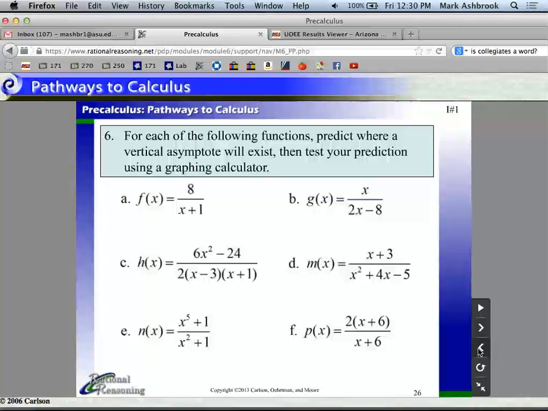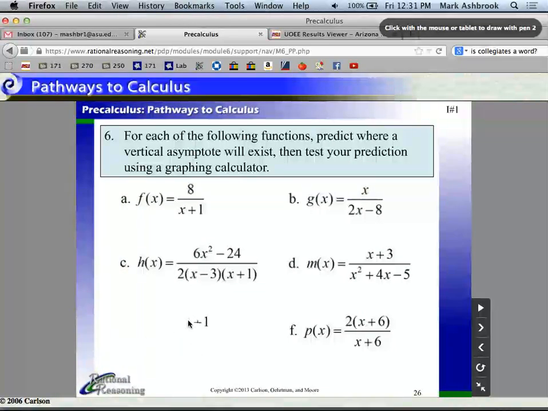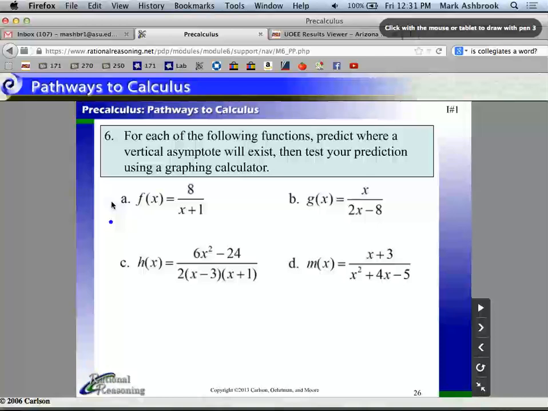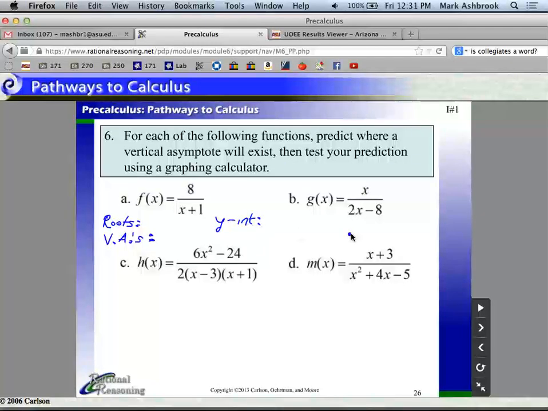A through D. For each one, you're going to do the roots, the vertical asymptotes, and the y-intercept, for all 4. Move quick. Be efficient.